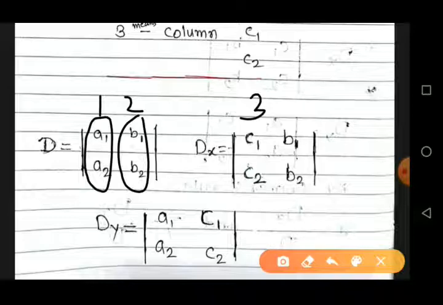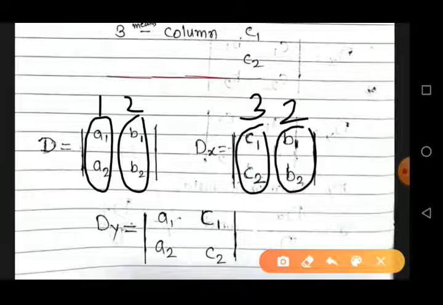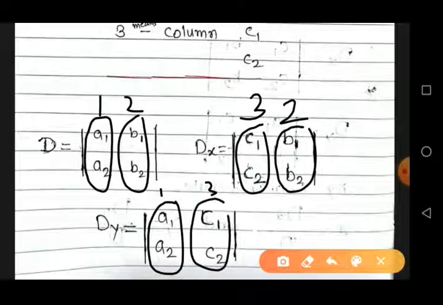For Dx, I remember 32. 3 means c1, c2 and 2 means b1, b2. Now for preparation of determinant Dy, 13 is the number. 1 means the column of a1, a2 and 3 means the column of c1, c2. This is an easy trick to remember the order of the columns.